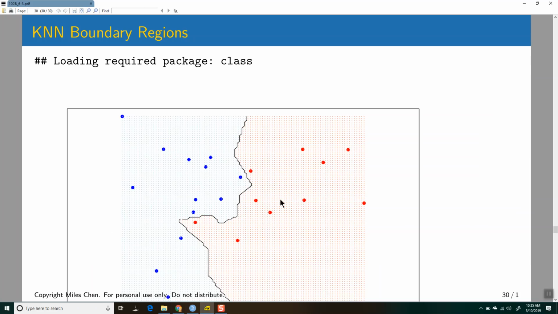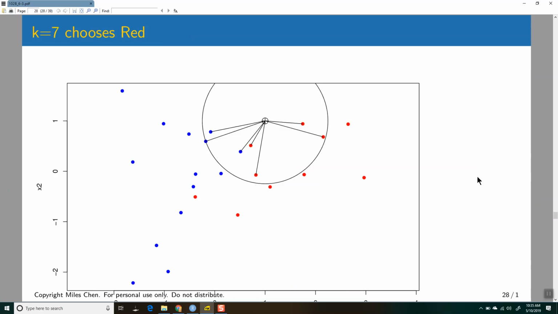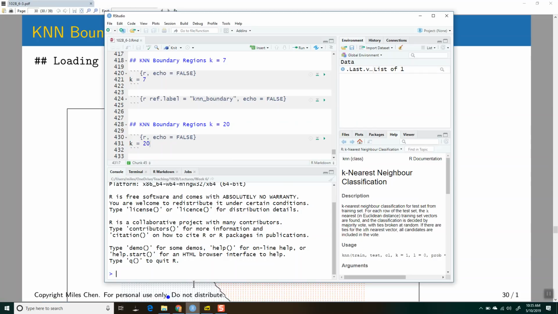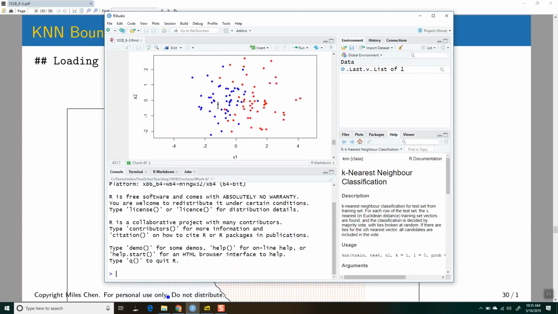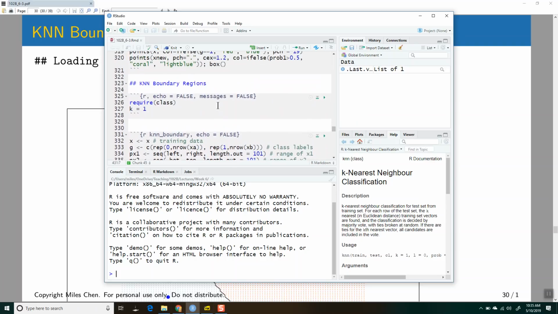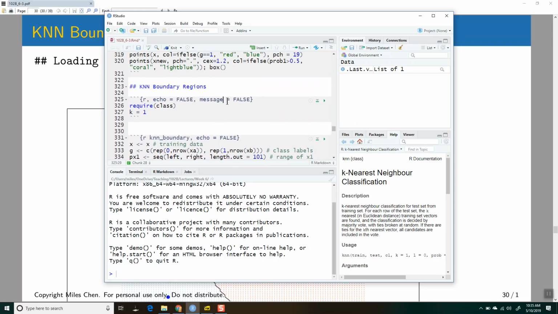Okay, so this is the same points of data here. Somehow my picture got shifted down because it's outputting a message here. How do I suppress messages? Is it message equals false?